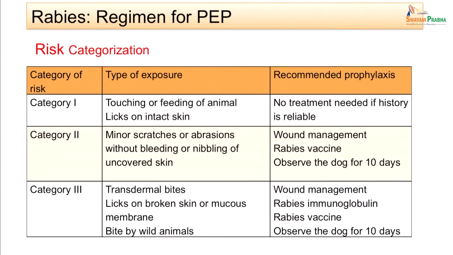Category 3 covers exposures where there are transdermal bites, or licks on broken skin or mucous membrane, or a bite by a wild animal. For this category, the prophylaxis required is wound management, infiltration of rabies immunoglobulin at the site of the bite, giving rabies vaccine and observing the dog for 10 days.